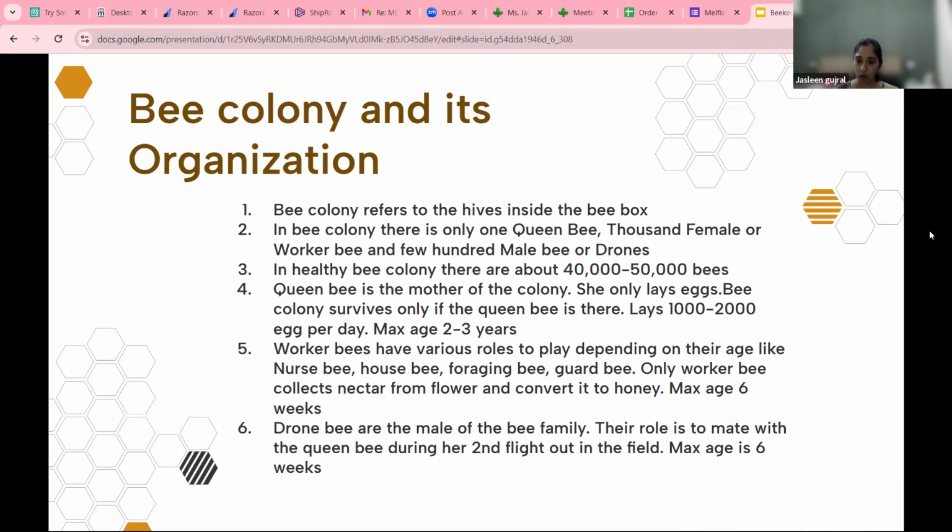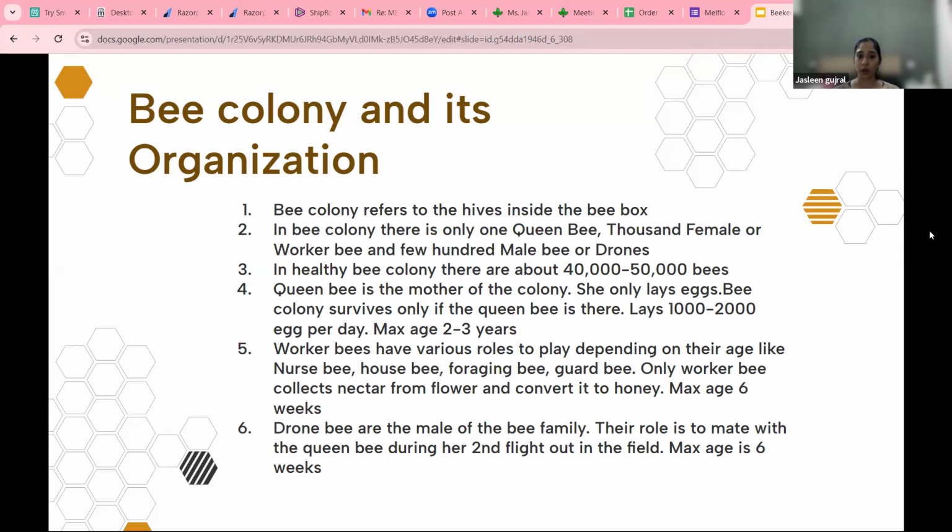In every bee box, there is always one queen bee, thousands of female worker bees and a few hundred male bees, which I'll talk about later. A healthy bee colony means a strong colony where the bees are able to fight any pest or disease that comes inside the boxes and live properly.